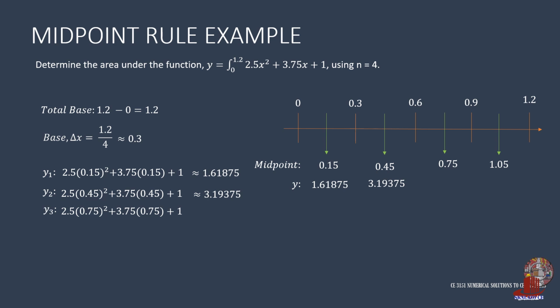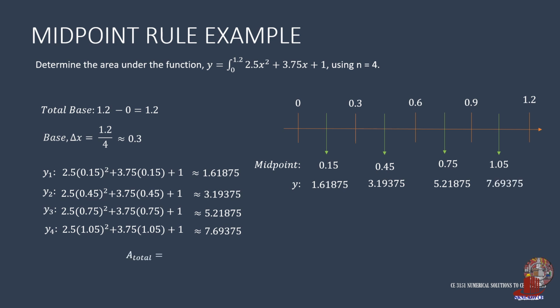That is 2.5 with a square of 0.75 plus 3.75 times 0.75 plus 1, giving 5.21875. y4 is solved similarly. 2.5 times 1.05 squared plus 3.75 times 1.05 plus 1, giving 7.69375.